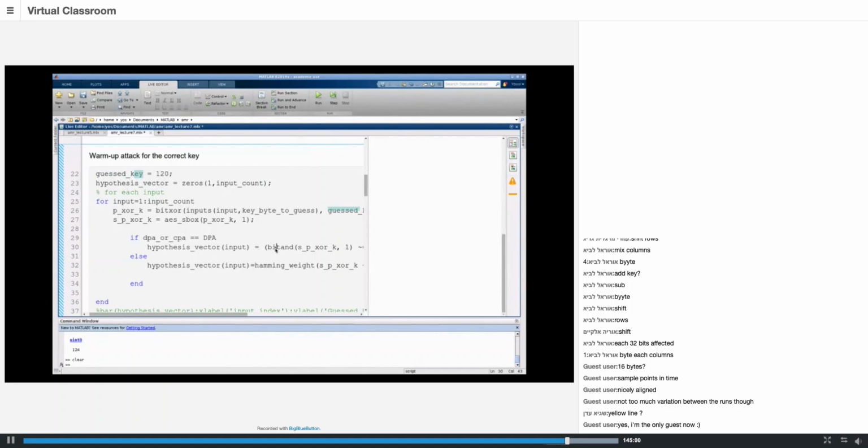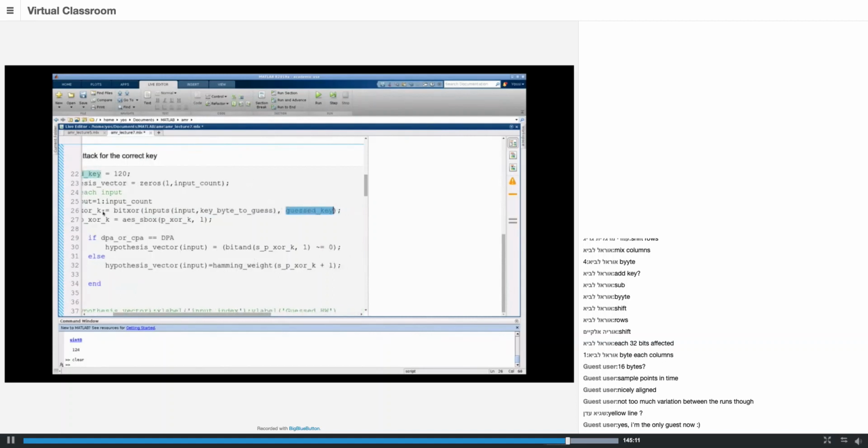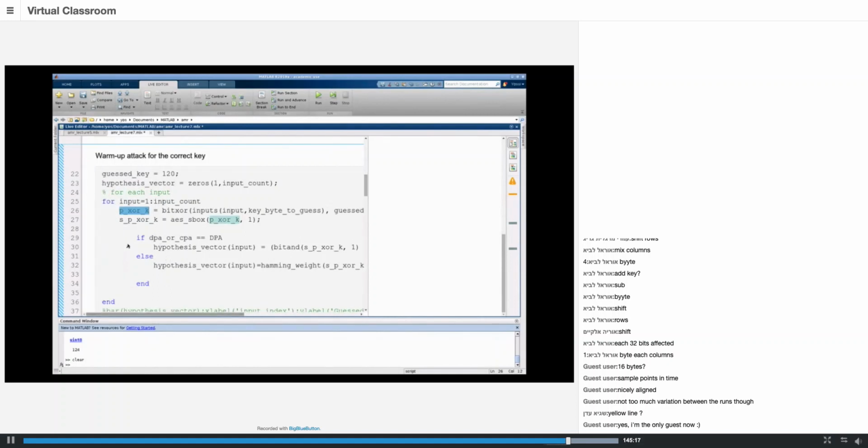First of all, I'm taking my input and XORing it with the key that I guessed, so this is plaintext XOR key. The next thing I'm doing is running SubBytes on it, so I'm just computing sbox of plaintext XOR key.